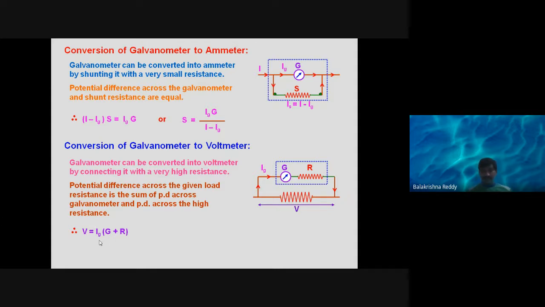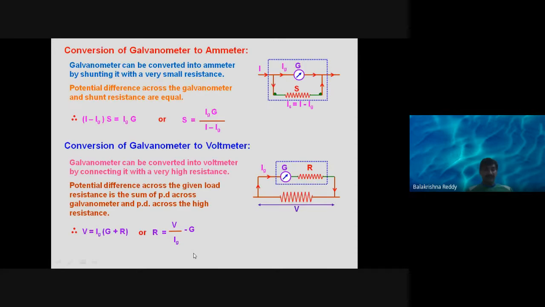Here Ig is the current, G is the galvanometer resistance, and R is the extra resistance connected in the circuit. Therefore, if I make the extra resistance the subject, R equals V by Ig minus capital G.